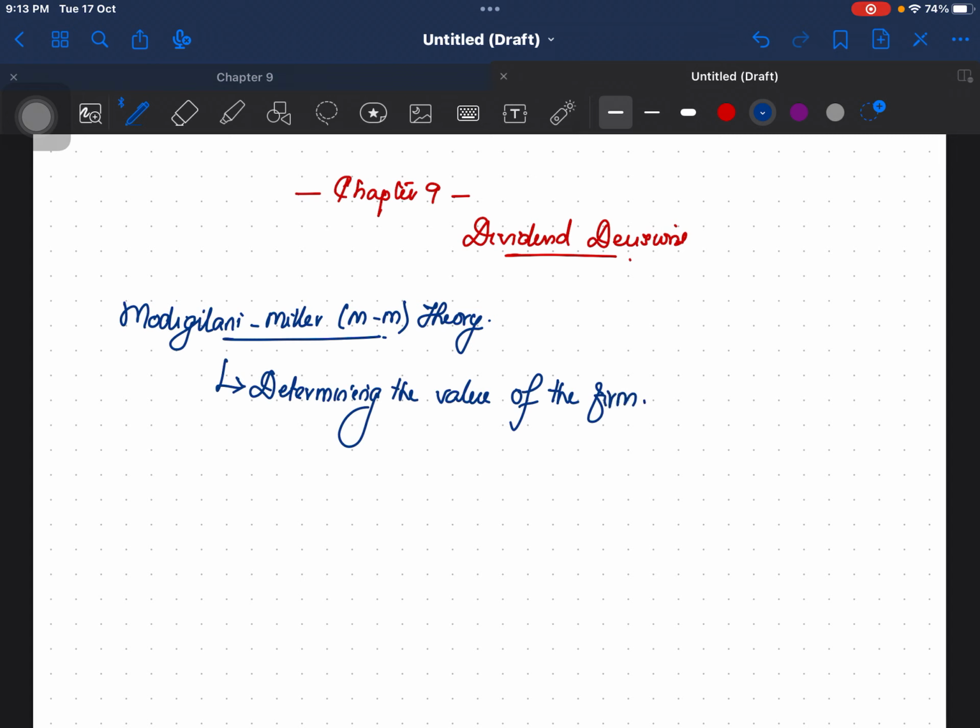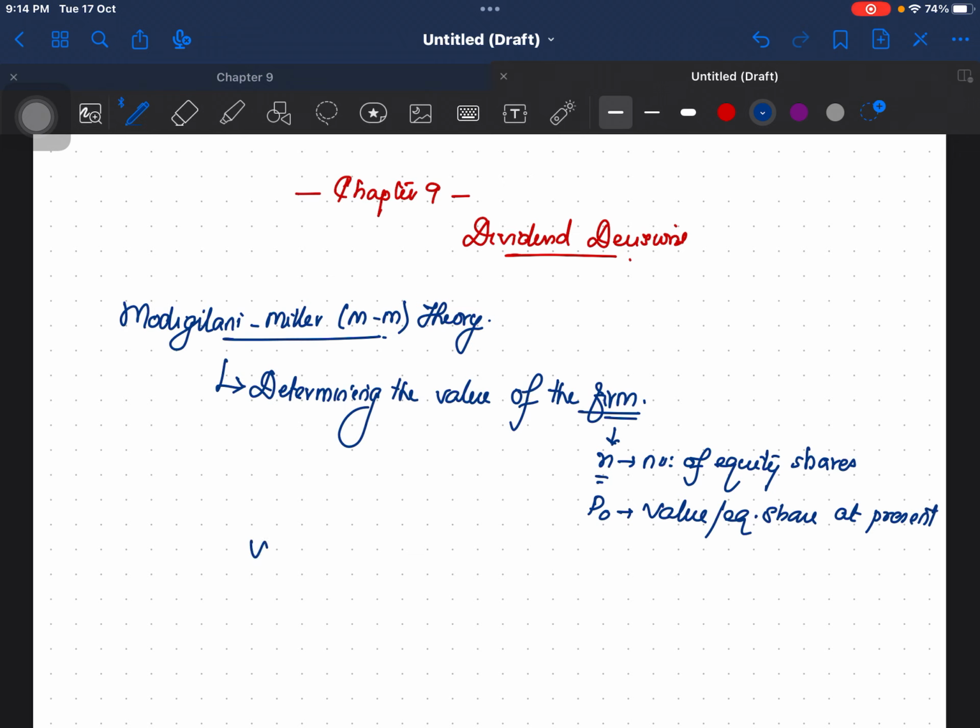Take a firm which has N number of equity shares. Let's suppose a company has 10,000 equity shares. The number of equity shares, 10,000, is what is referred to as N. And P0 is the value per equity share at present, or at time T0.